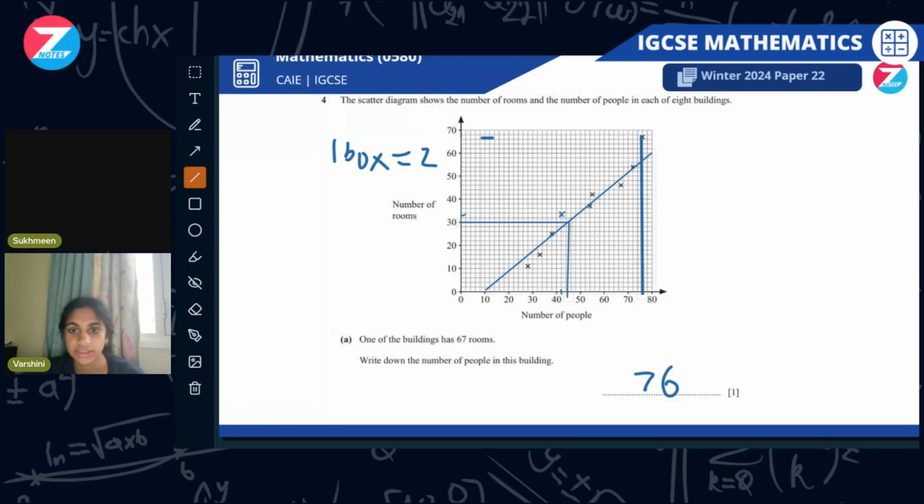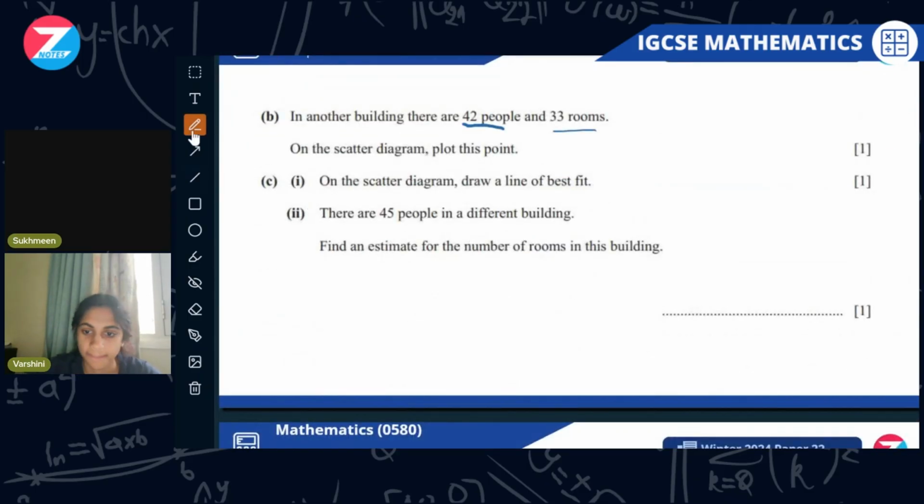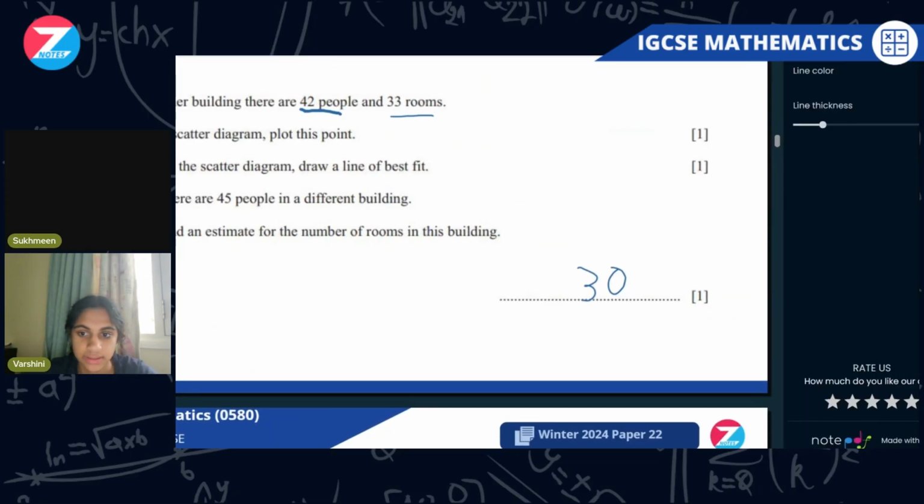Let's check in the marking scheme. I think the range is around 27 to 33. Not everyone's line is going to look the same, but if you get somewhere around this, it should be right. So yeah, 30. Okay, to the next question.